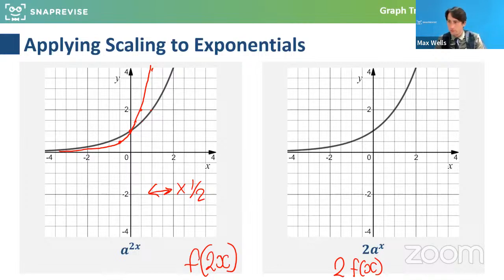Okay, hopefully everyone can still hear me. Now this one is being stretched vertically. It's being stretched by a factor of 2 vertically. So this point is actually up here.